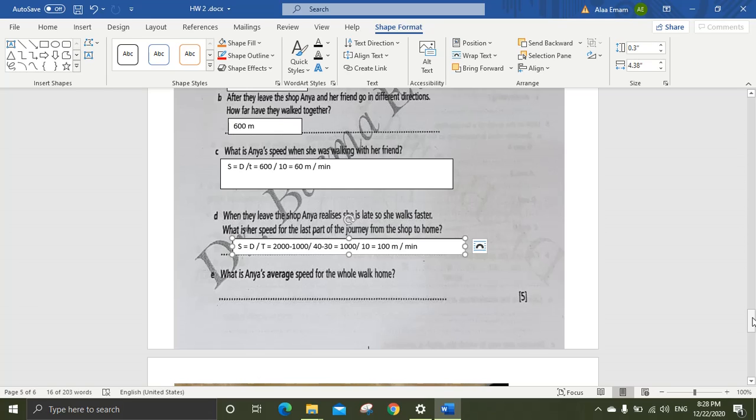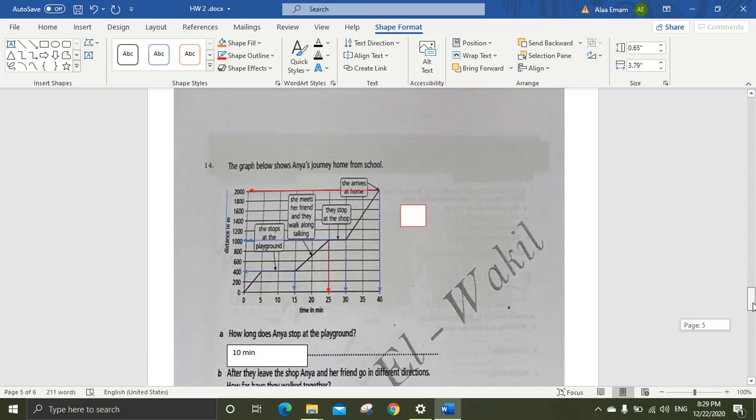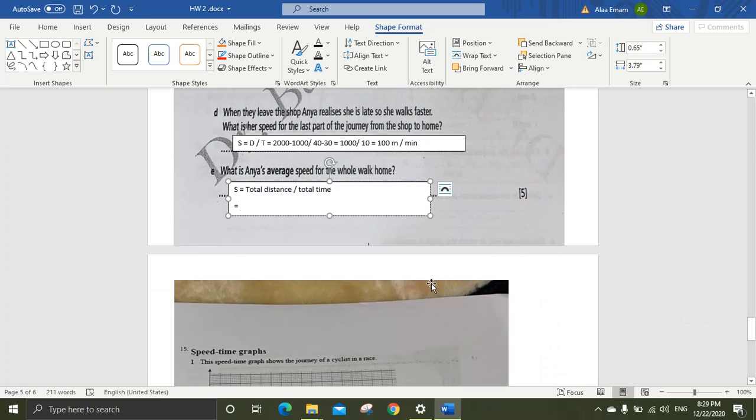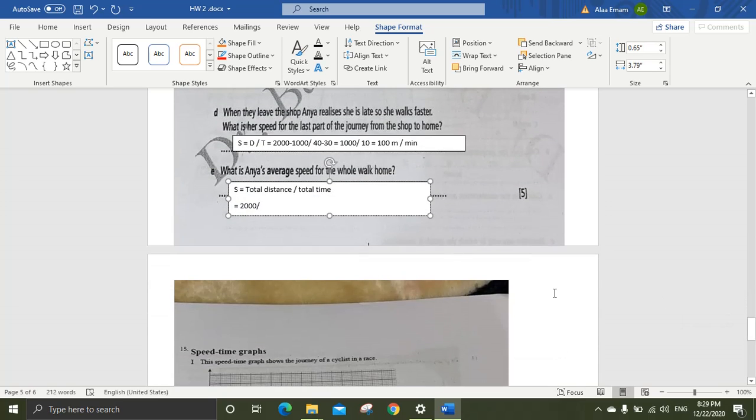Okay, what is Anya's average speed for the whole walk home? You can just calculate the total distance divided by the total time. Speed equals total distance divided by total time, equals the total distance was 2000 divided by the total time was actually 40.